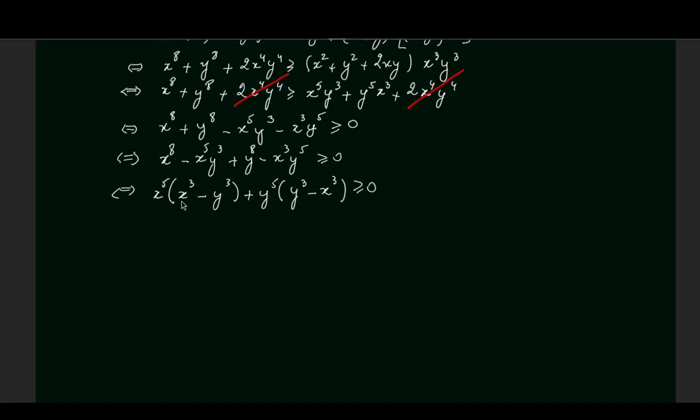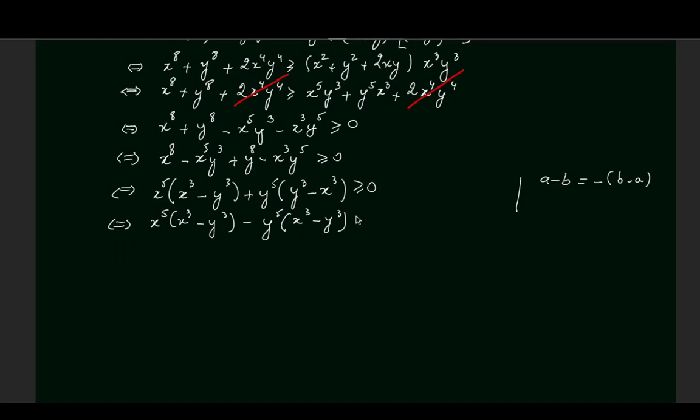We can make the remark that this number and this one are opposite numbers. So a minus b is the opposite of b minus a. So we can write it like this: x to the 5th times (x cubed minus y cubed) minus (x cubed minus y cubed) times y to the 5th.